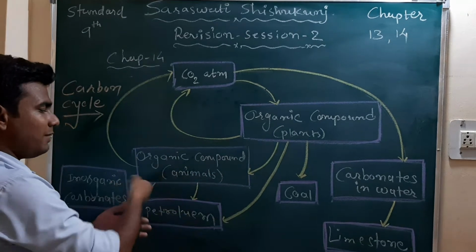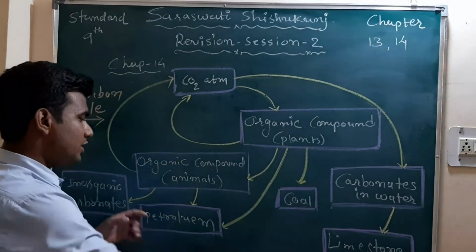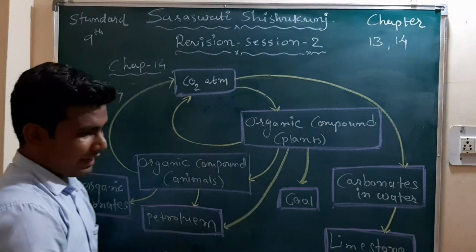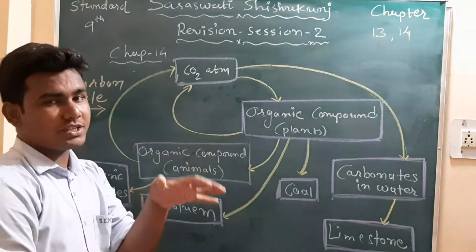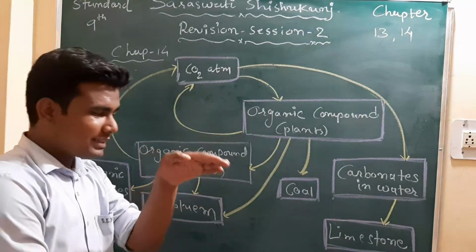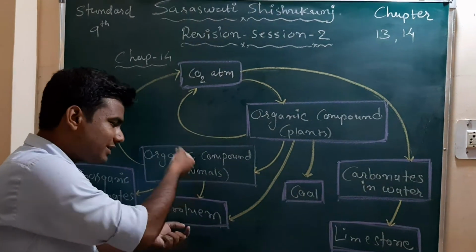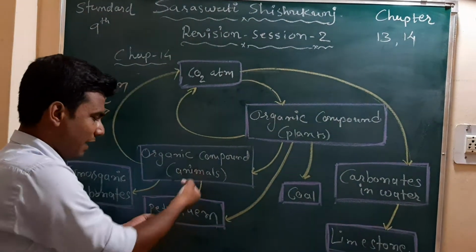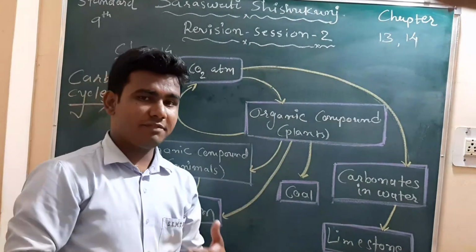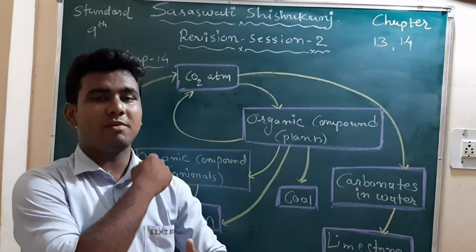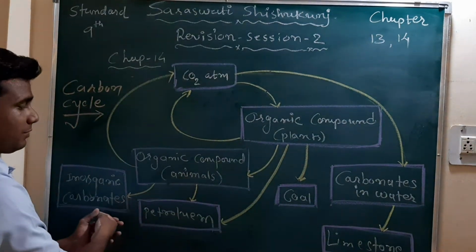Now how will animals shift our carbon cycle further? These animals, by the process of higher temperature and higher pressure inside the earth's crust, can also form petroleum. So they will transfer carbon in the cycle by petroleum. Also, some inorganic carbonates in the form of shells of the bodies will give us carbon.